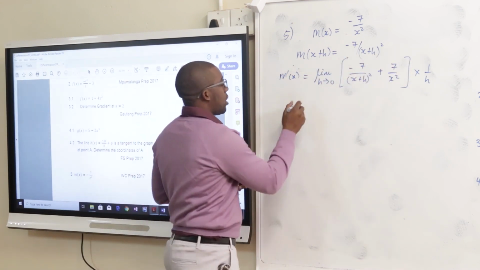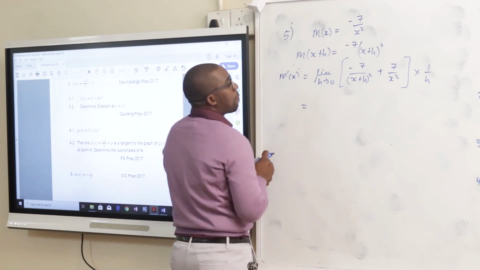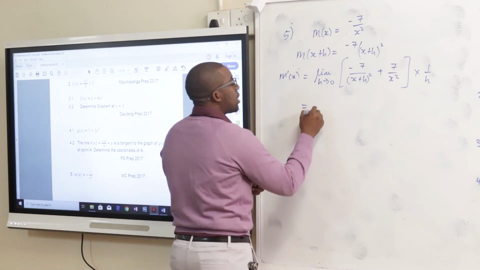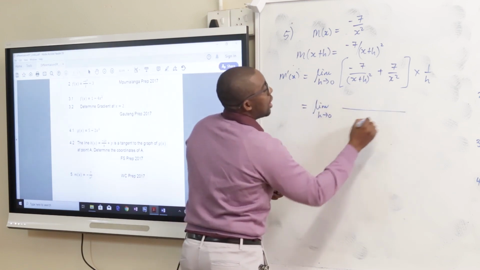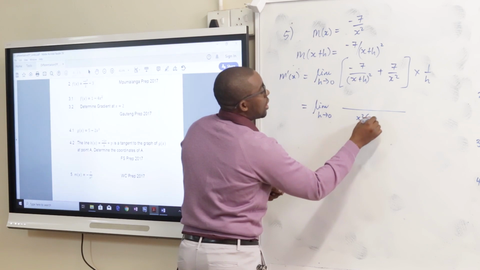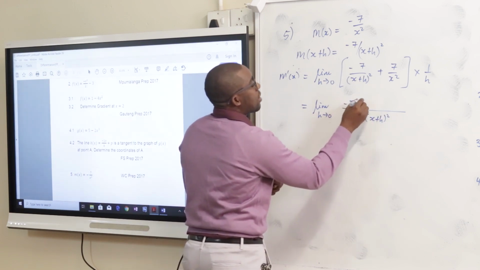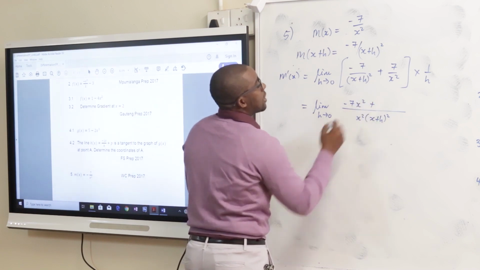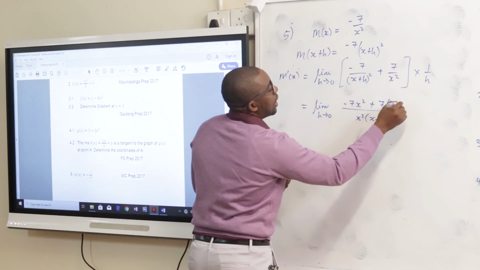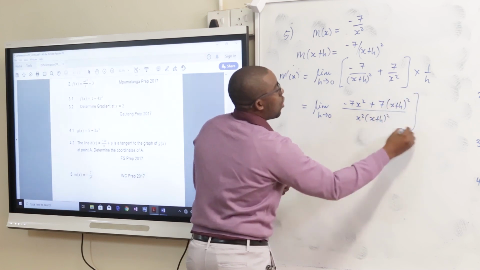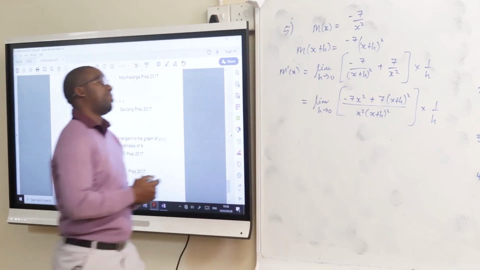Step number 2 is going to allow some algebraic manipulation where we get the LCD of this, limit as h goes to 0. LCD is x squared x plus h squared, minus 7x squared plus 7 x plus h squared, all multiplied by 1 over h.